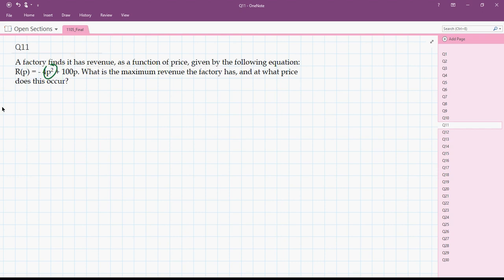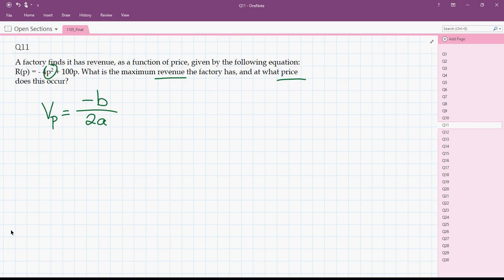As soon as we see a squared, we're going to calculate the vertex. And now it's asking for maximum revenue and maximum price. So similar to the next one, we're also going to kind of calculate this backwards. We're going to find the maximum price, plug it back in to get us maximum revenue. So if we were trying to find the vertex, that's always going to be equal to negative b over 2a.